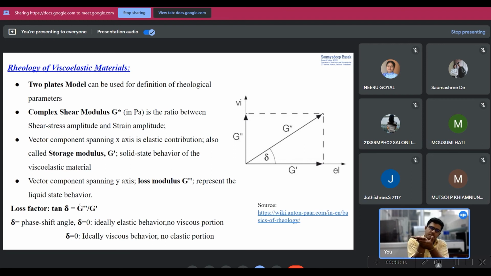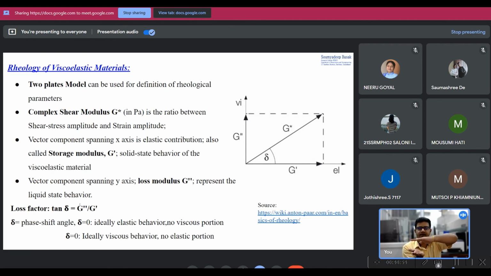What is the two plate model? If you think about it, there are two parallel plates. You put the sample on the bottom plate, and it is sandwiched between the top and bottom plates. The bottom plate is fixed, and you can give the top plate a rotational motion, like a sinusoidal motion.